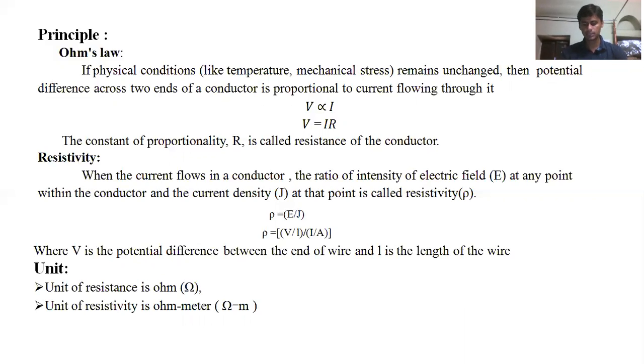After calculation, rho equals V by I into A by L. The unit of resistance is ohm and the unit of resistivity is ohm meter.